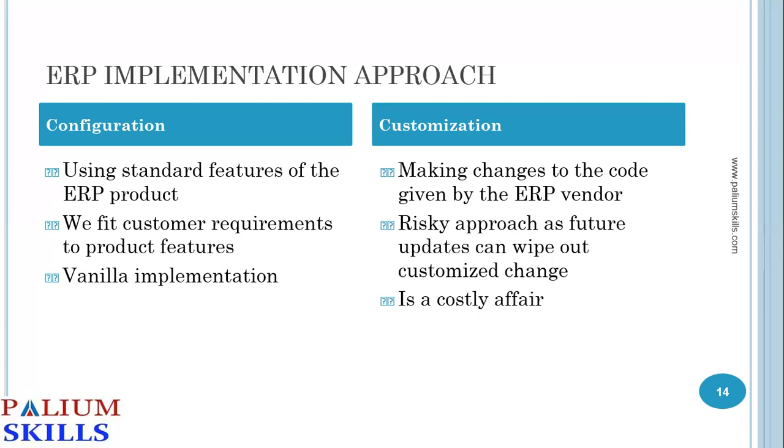The original screen is still the same. Suppose you have customized one screen. Okay, you have added 2 new fields through custom changes, and you are using that, but a code change comes in. Okay, the vendor gives a patch which is to fix a problem, fix a bug with the product.